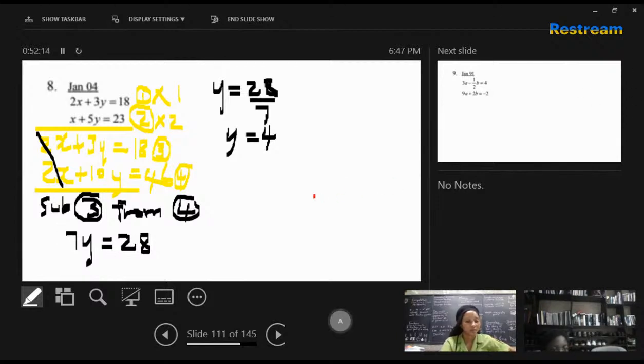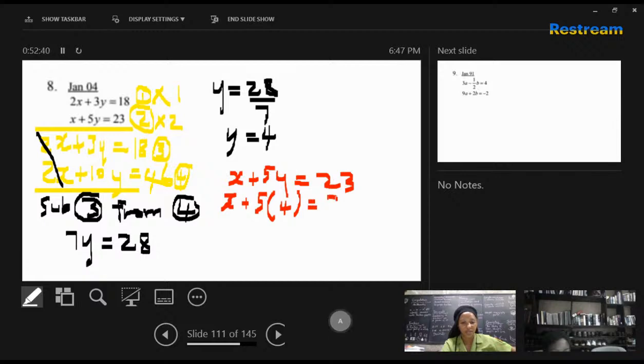we can put 4 back into the second formula because it's the simplest formula. Tell me what to do, guys. Miss, I'm just waiting for you to write it out. Well, 5 times 4. But you must tell me what to write.